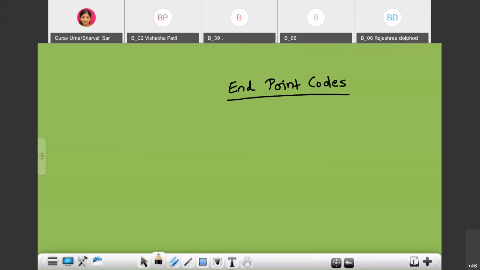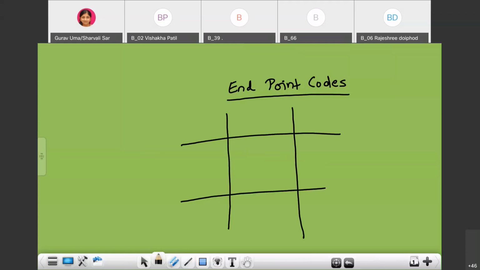Now we have to assign every part a code. Suppose this is my diagram and the middle portion is my window. Let's assign the values: this is the left, this is right, this is bottom, this is top.